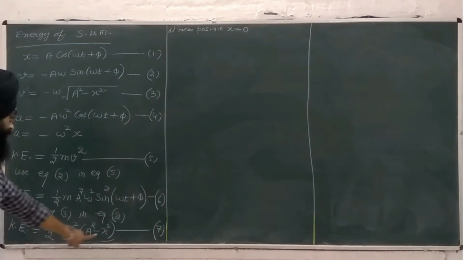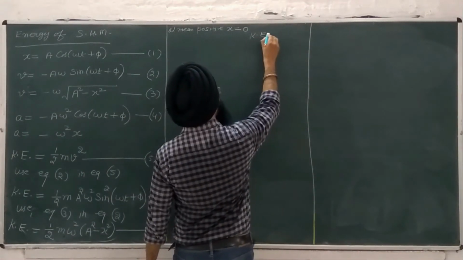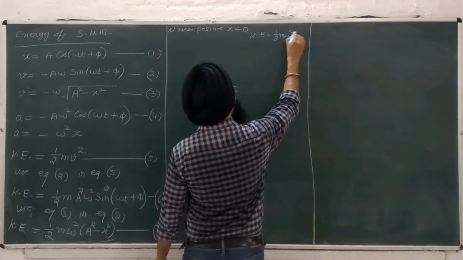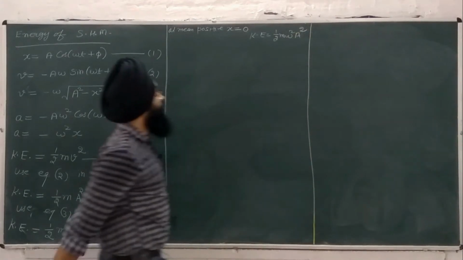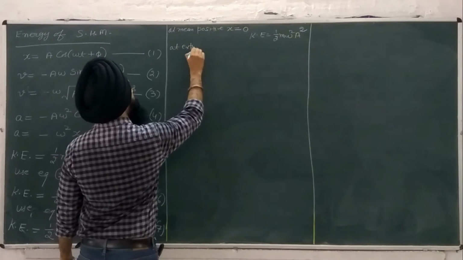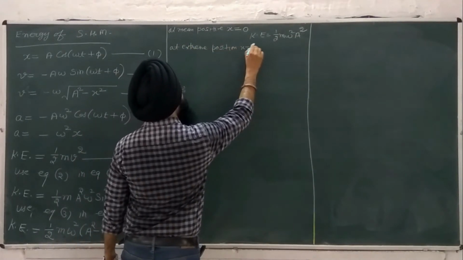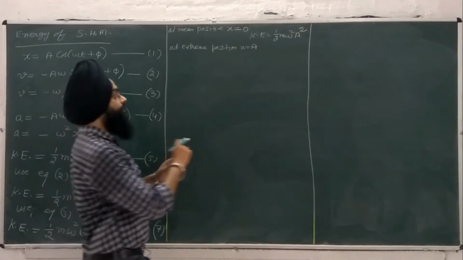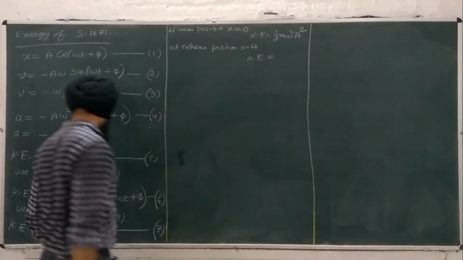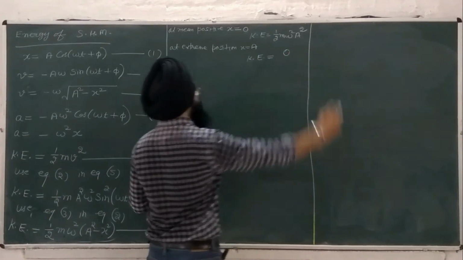At mean position, x equal to 0, the kinetic energy becomes half m omega square A square. At extreme position, x equal to A, the velocity was 0, so the kinetic energy will also be 0. If I use x equal to A in equation number 7, we get the kinetic energy equal to 0.